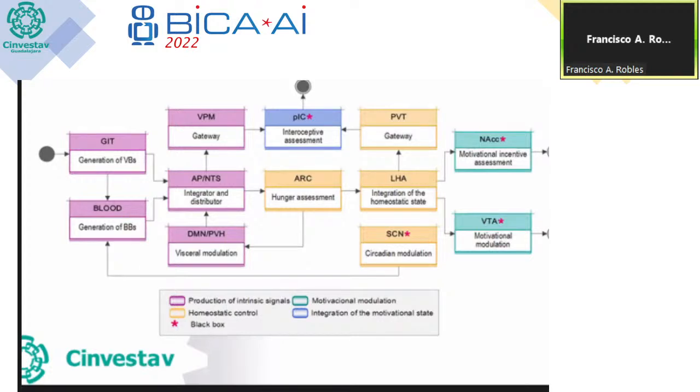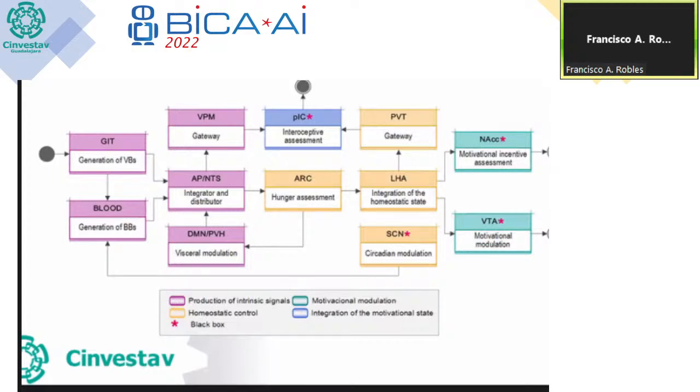Dorsomotor nucleus or paraventricular hypothalamus, DMN or PVH, influences the modulation of sensory motor patterns linked to the GIT organs for improving satiation sensations by action of the energy balance through the connection with NTS or area postrema. Arcuate nucleus of hypothalamus evaluates energy balance for generating hunger states from the glucose, insulin, leptin, and ghrelin signals that all were modulated or simulated.